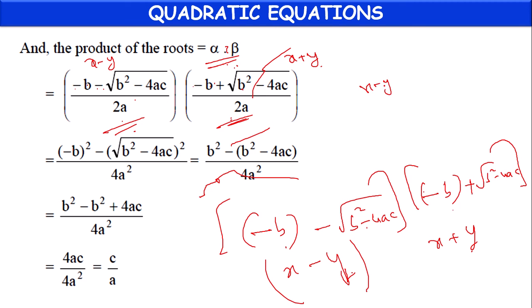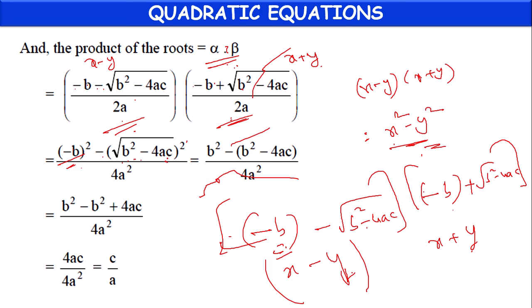If you multiply x minus y and x plus y, the result will be equal to x square minus y square. So in the place of x, as we have minus b here, and in the place of y, we have root of b square minus 4ac. We get minus b whole square minus root of b square minus 4ac whole square.